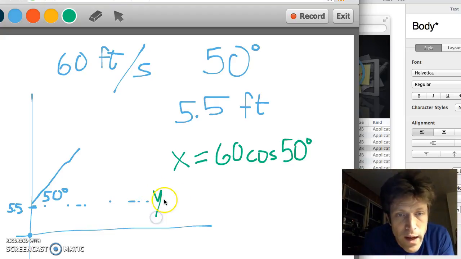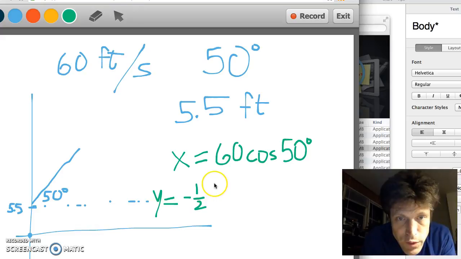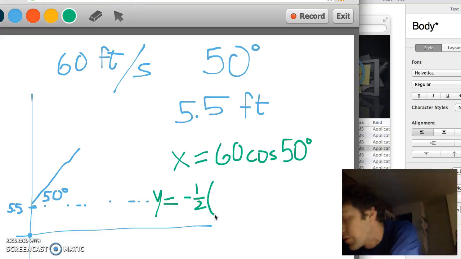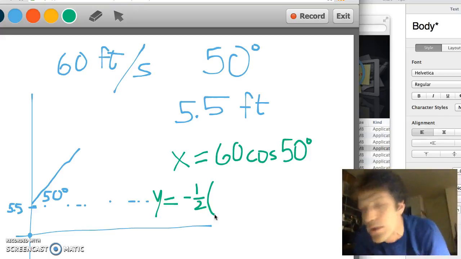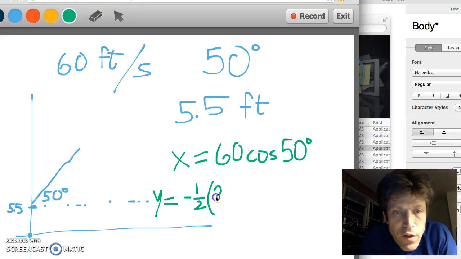My y is going to be negative 1/2 g t squared. Just verifying we're going in feet here, right? Yep. So 1/2 times 32 times t squared. Wait, hold up.